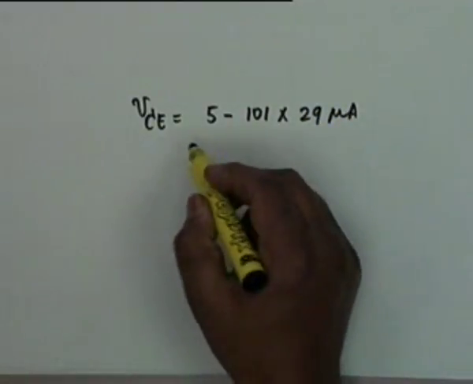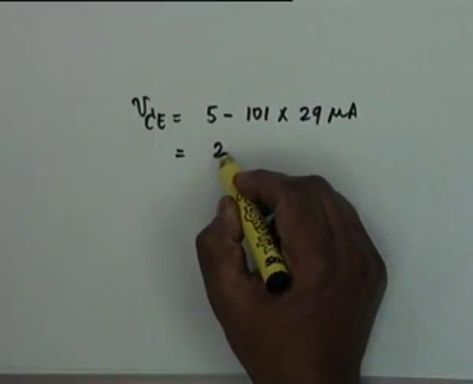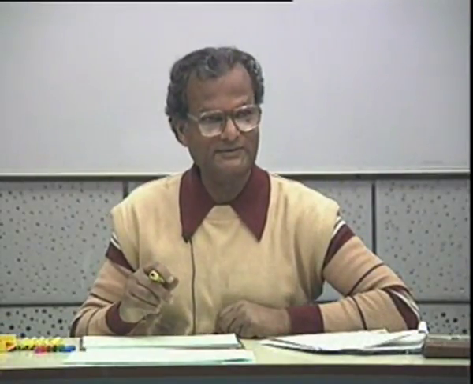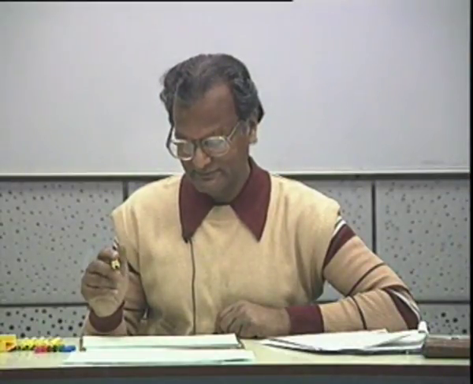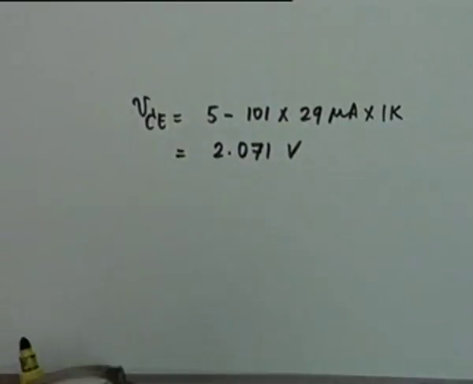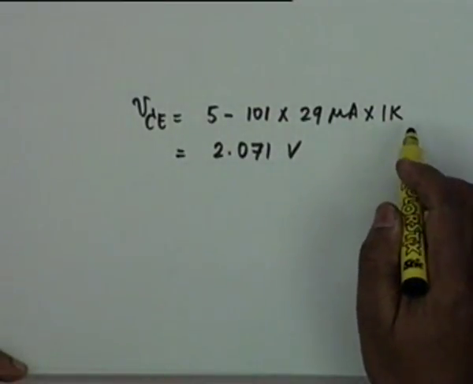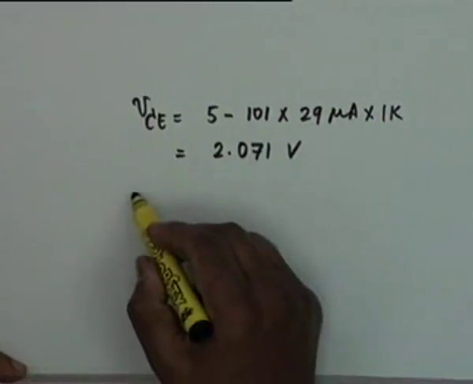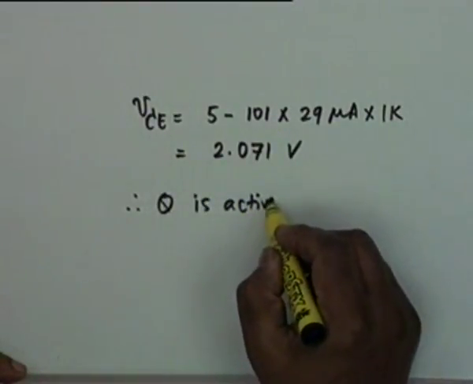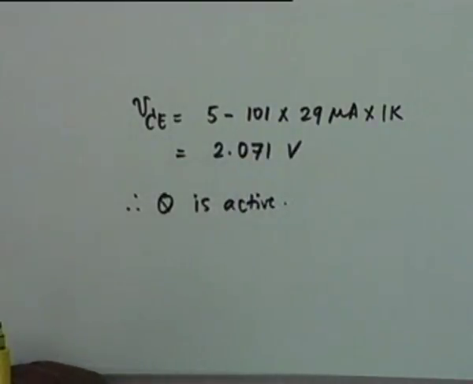Agreed? And this comes out as 2.071 volt. Right, which means that our initial assumption was valid. That is into 1K also, 101 into 29 microamperes into 1K. Absolutely correct, it must be multiplied by 1K. This is the drop. So therefore, our initial assumption that Q is active is true. It is active, and we have also found out I_C and V_CE.